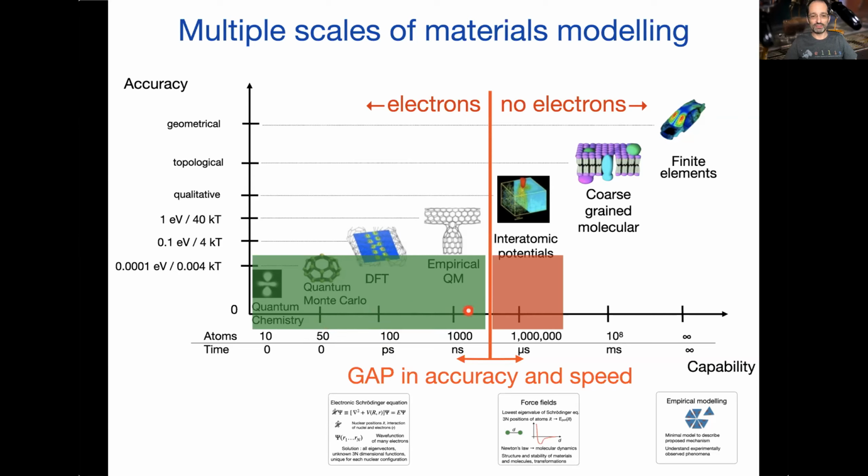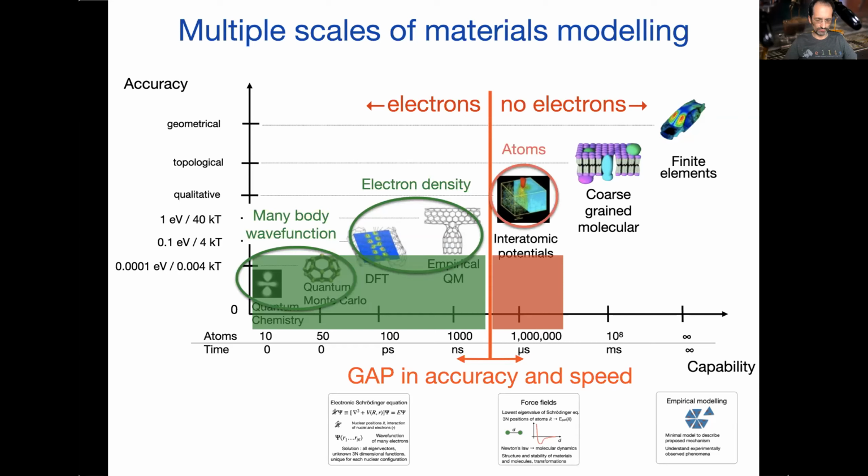And when you leave electrons behind, you jump a factor of 1,000, depending on the potential you use, even more, maybe 10,000. And that's the gain that you have for not treating electrons explicitly. So once you leave the electrons behind, or even the electron densities, you're just dealing with atoms.